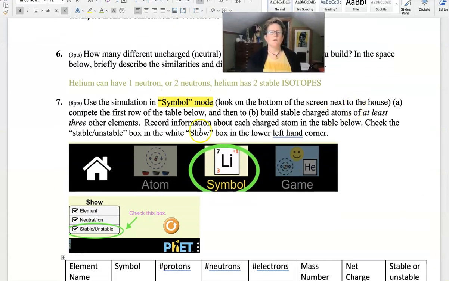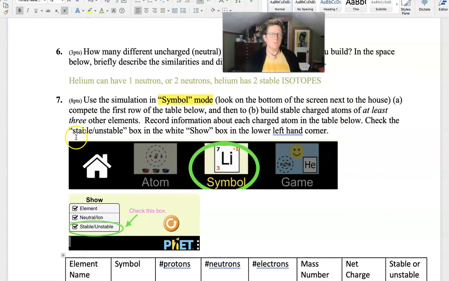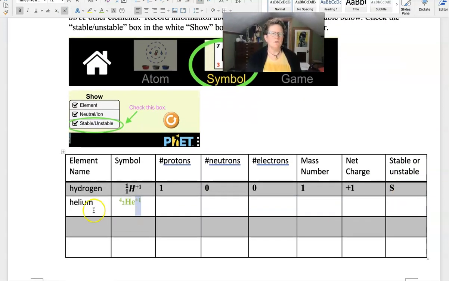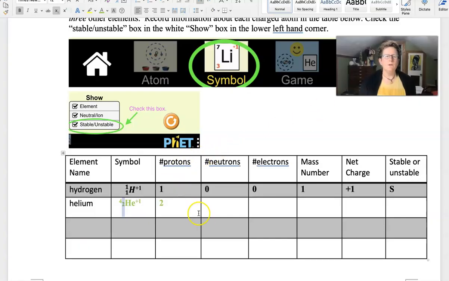So we want a stable charged atom of at least 3 other elements. So here's one other element. We know we have 2 protons because we can see that right here in the symbol. The lower left-hand corner is protons. We know we have 2 neutrons.